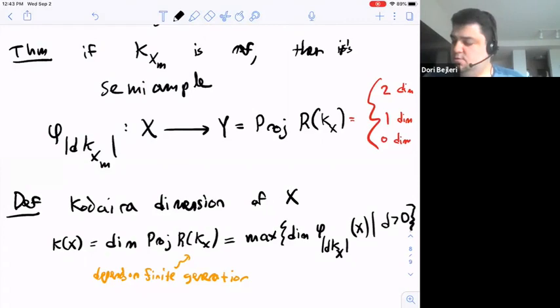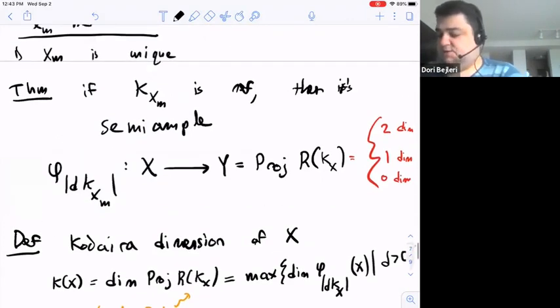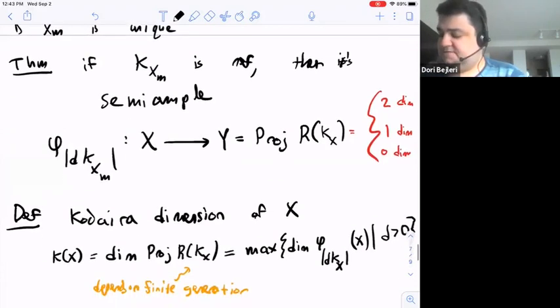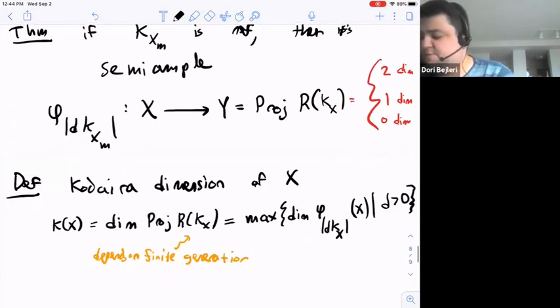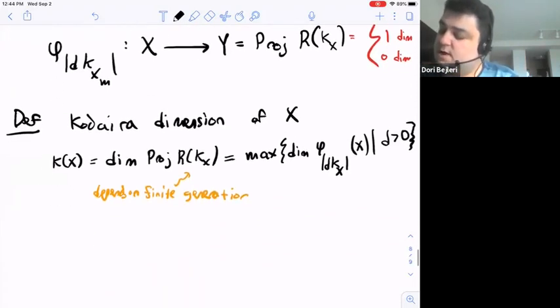With the caveat that when I have this linear series in general, when I'm not in the situation of this theorem, for example, phi is just a rational map and not a morphism, we can still define its image by saying, take an open set where phi is defined, take the image of that open set, take its closure, and give me the dimension of that closure. And so this Kodaira dimension we'll define as the maximum of these possible dimensions as you vary over all d, and essentially by definition, this is less than or equal to the dimension of X.